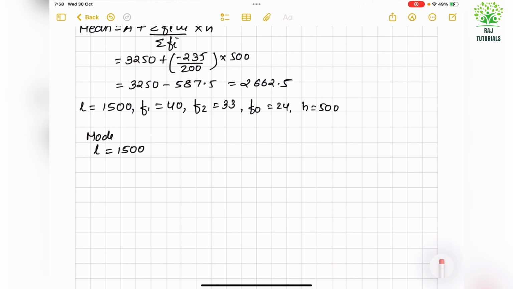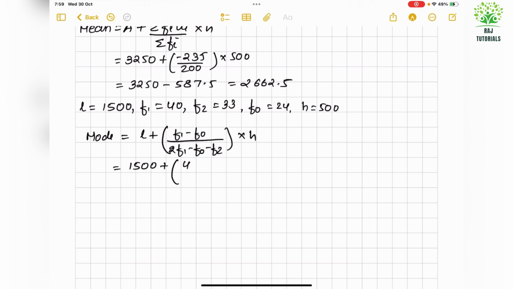So to find mode I will use the formula mode equal to L plus (f1 minus f0) upon (2f1 minus f0 minus f2) into h. So I will be using 1500 plus (40 minus 24) upon (2 into 40 minus 24 minus 33) into 500.